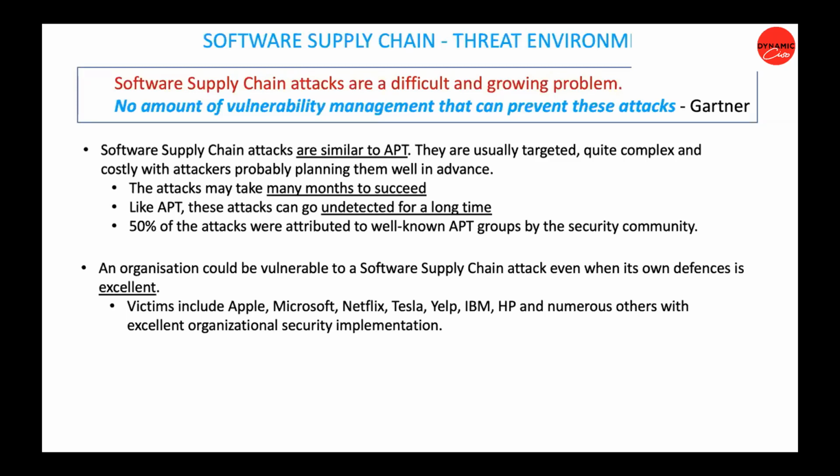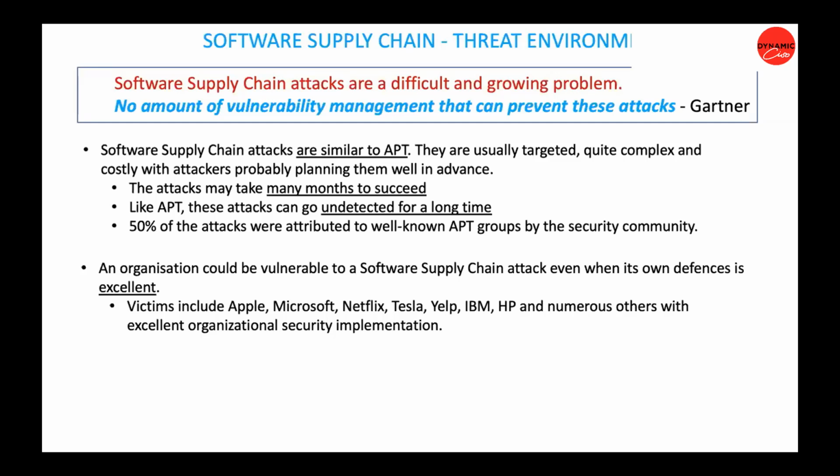Now, the important aspect of these attacks is that however good an organization's defense is, it could be excellent, they will still get attacked. The victims include Apple, Microsoft, the best of the best. And 35 of them have got attacked after SolarWinds, despite knowing how these attacks are occurring.